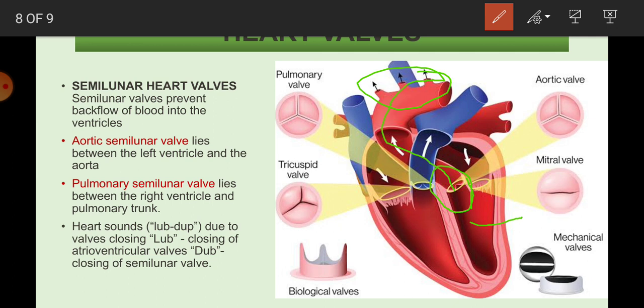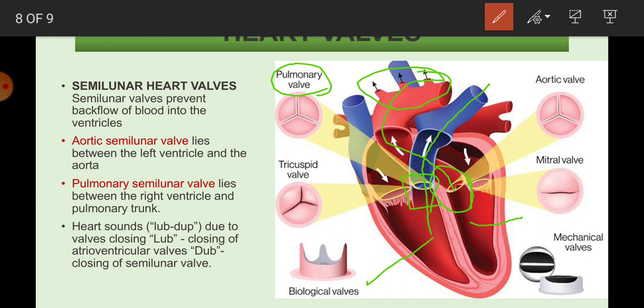The pulmonary semilunar valve here is located between the right ventricle and the pulmonary artery.